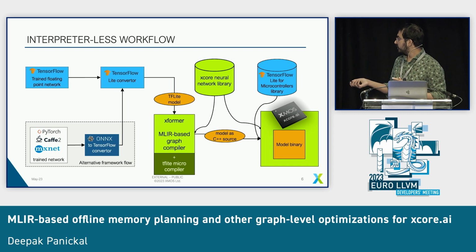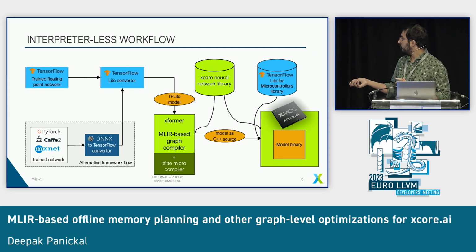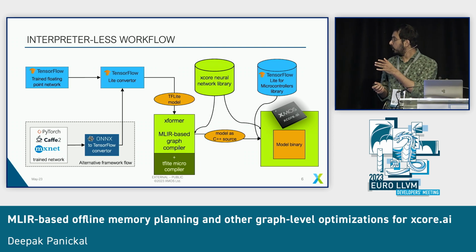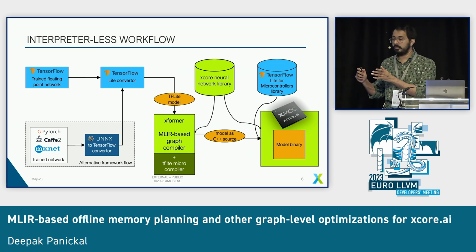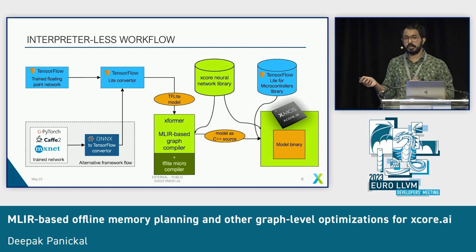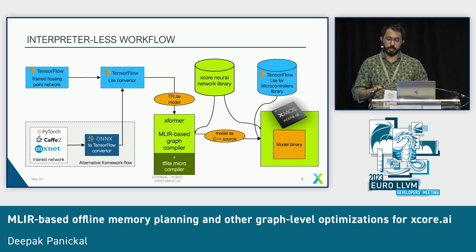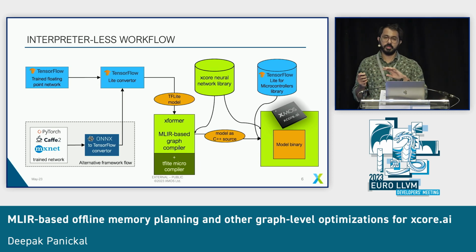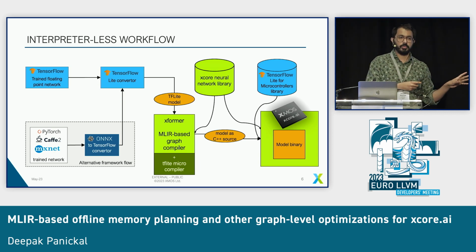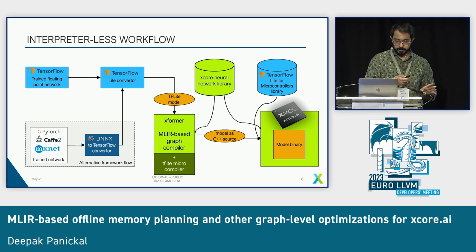And now the difference is just that the output from this is a C++ source file. So when we pass in a TensorFlow model, it comes out as a C++ source file as the output, and then that can be compiled into a binary. And at this point, the binary would only contain operations that we use. So in this way, we have kind of removed all the superfluous code from the binary.